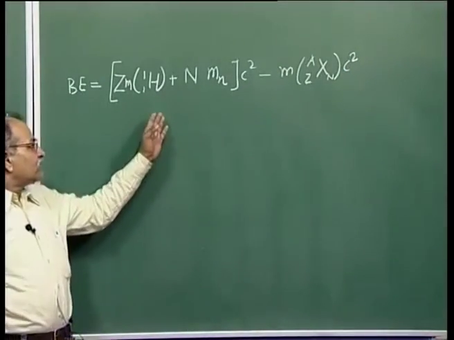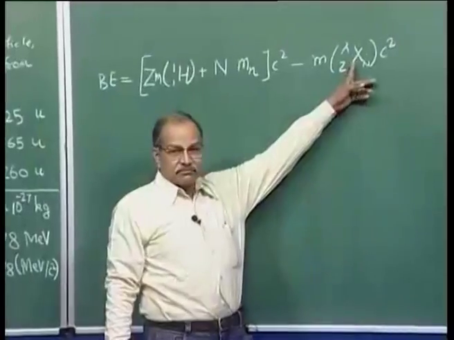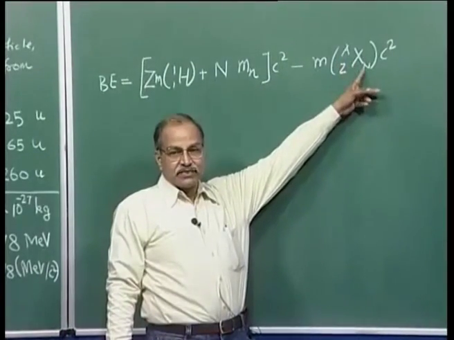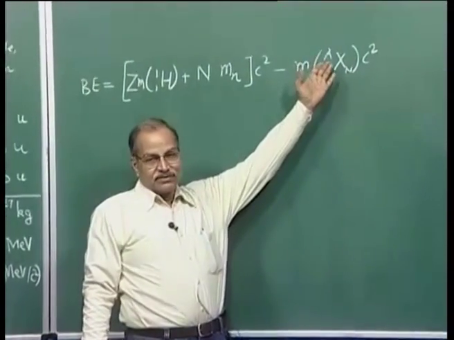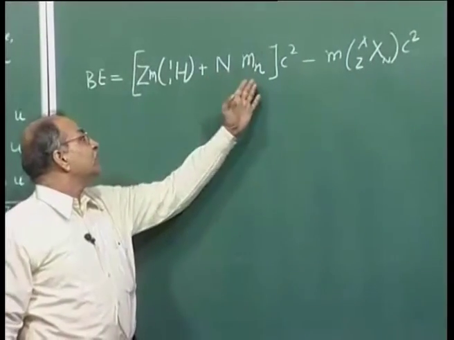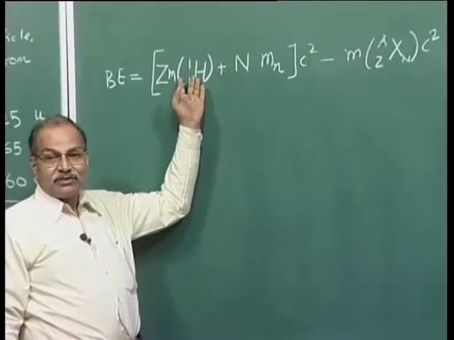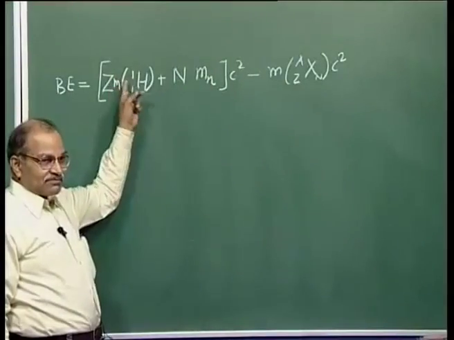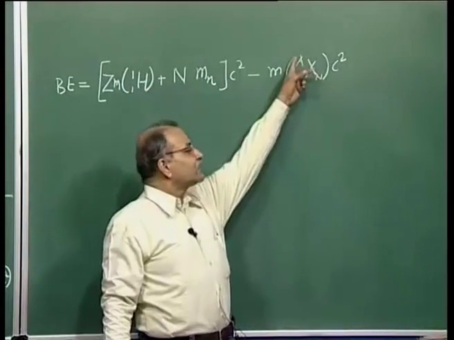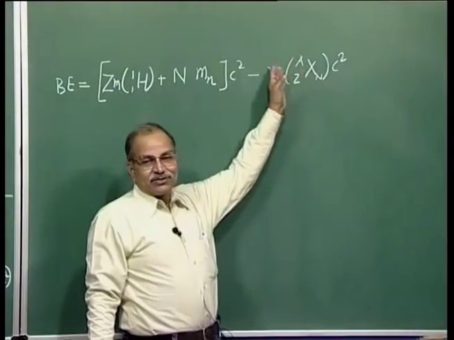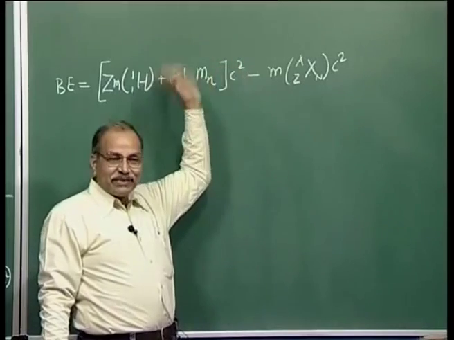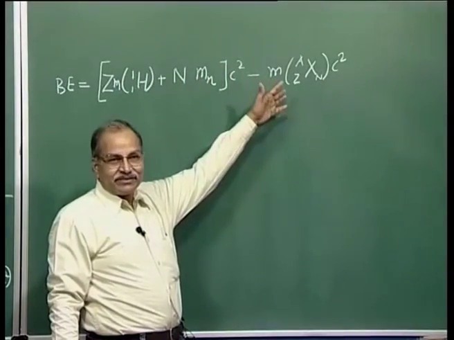Okay, you can use atomic masses, an atom with Z protons, Z neutrons and Z electrons. So here, when you take a hydrogen atom, you are taking Z electrons, and when you take this atom, you are also taking Z electrons. So they will cancel out, and the difference in atomic binding energies is very small.